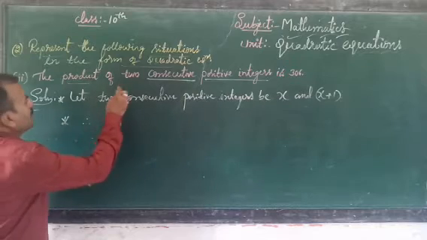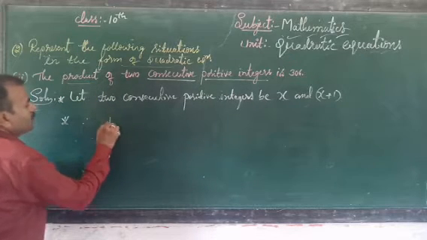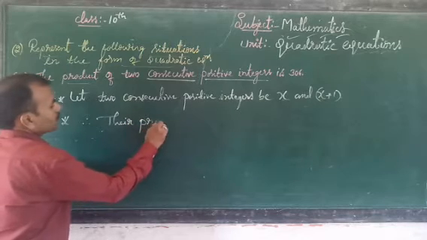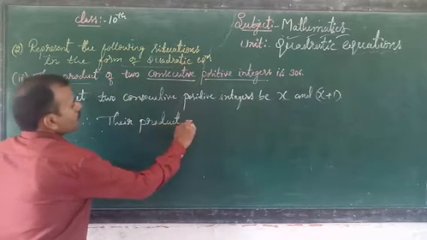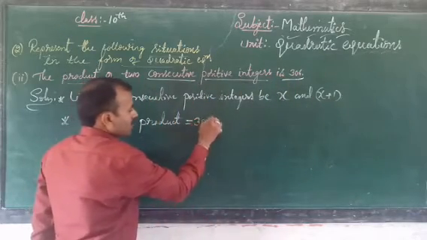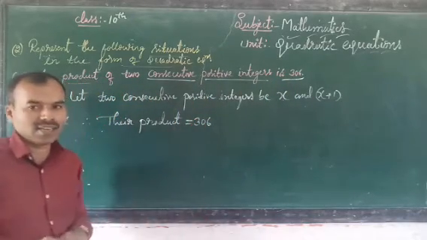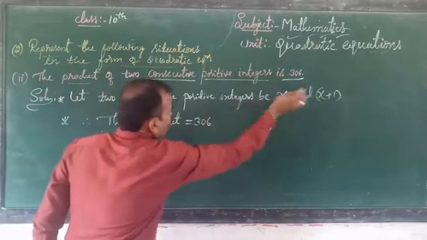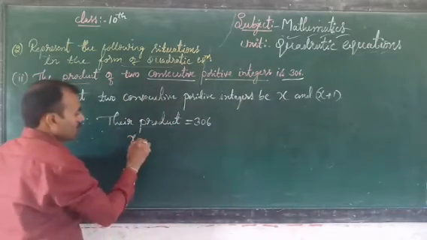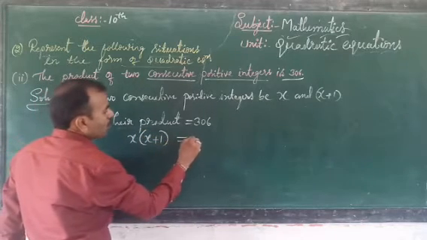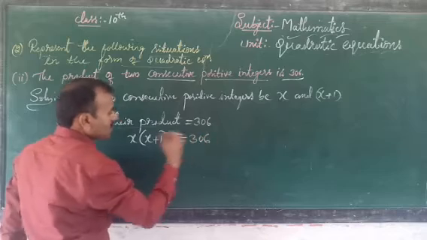Therefore their product equals 306, as given. So multiply these two consecutive integers: x into x plus 1 equals 306.